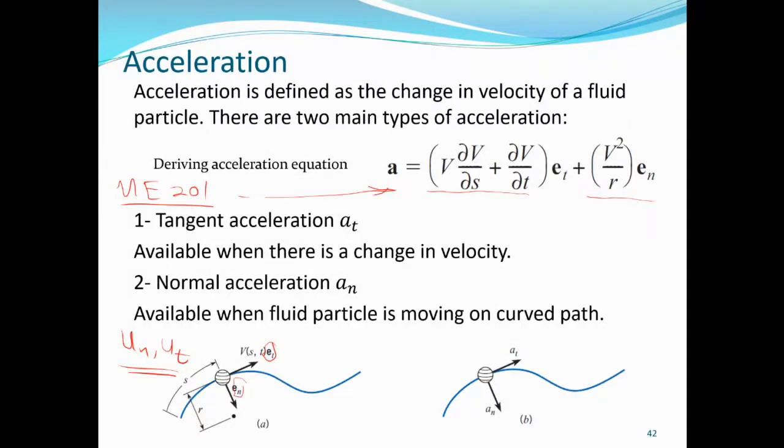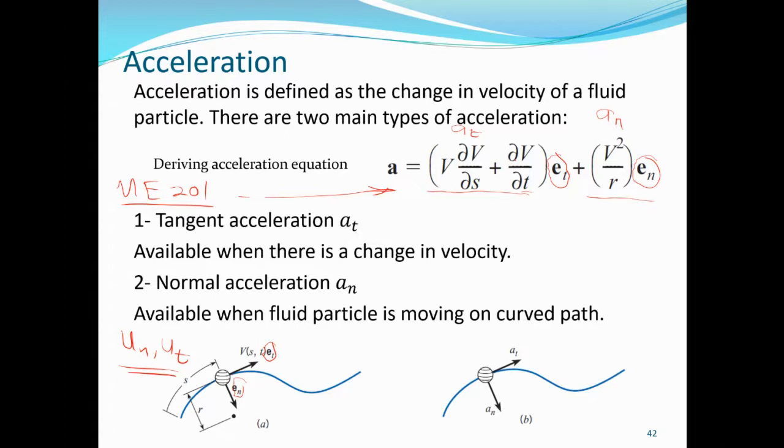This is the tangential acceleration unit vector, and this is the normal acceleration unit vector. And this is AN, the magnitude of the normal acceleration, which is v squared over r, and this is AT, the magnitude of the tangential acceleration, which consists of 2 components, del v del t plus v del v del s.